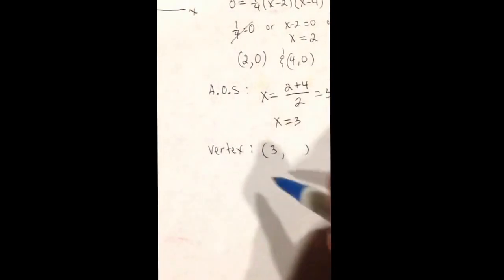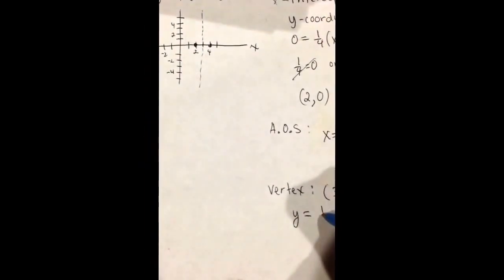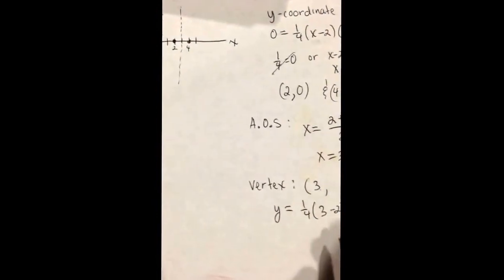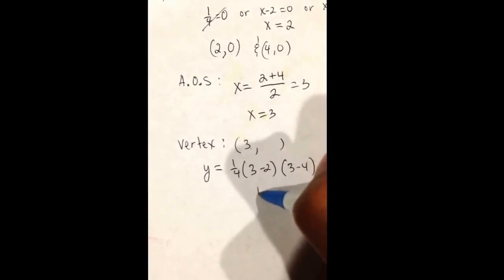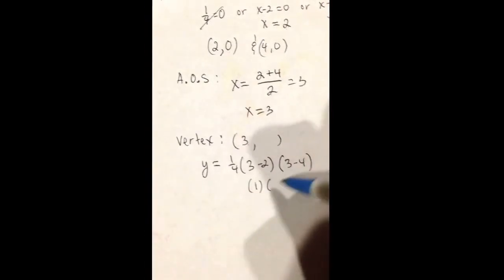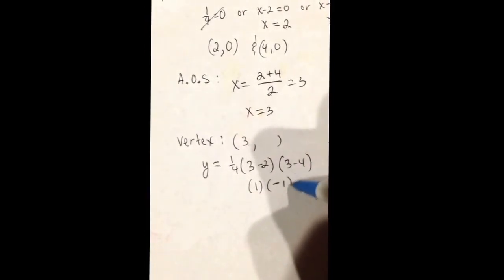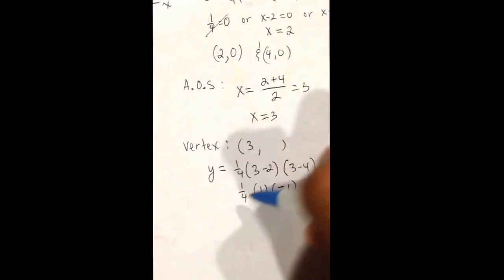Now we just substitute 3 into your original equation and solve for y. 3 minus 2, 3 minus 4. Let's solve that. We need to do the parentheses first. 3 minus 2 should give us 1, and 3 minus 4 gives -1, and here's 1/4.